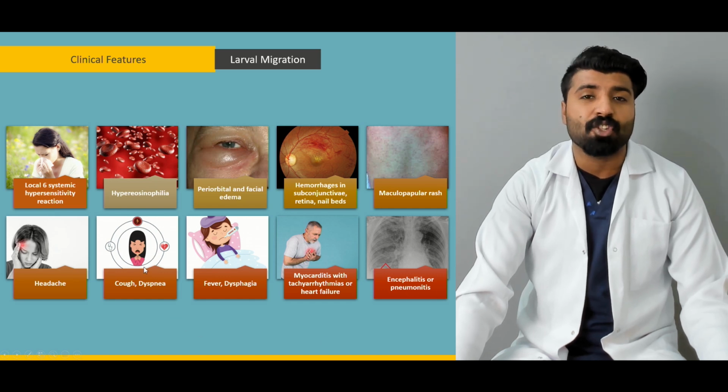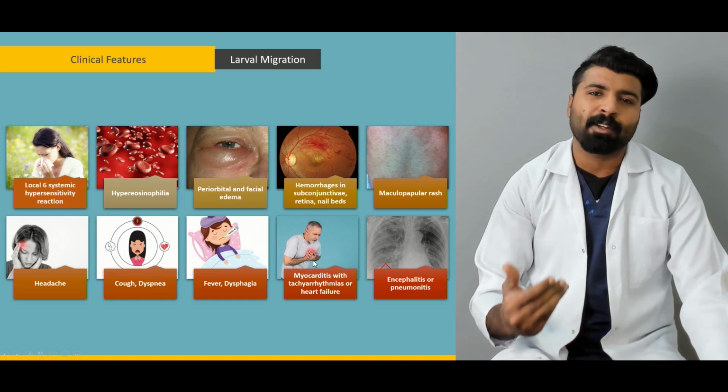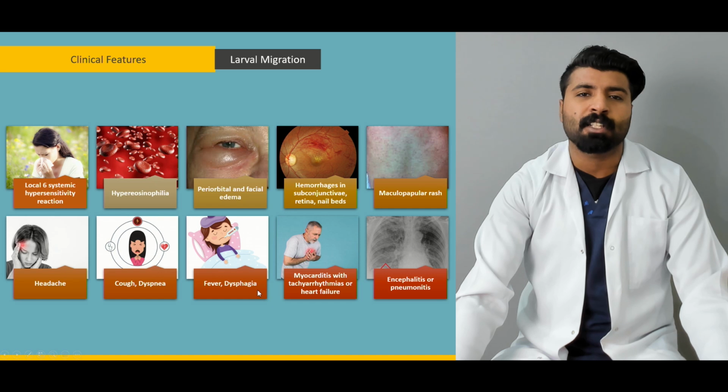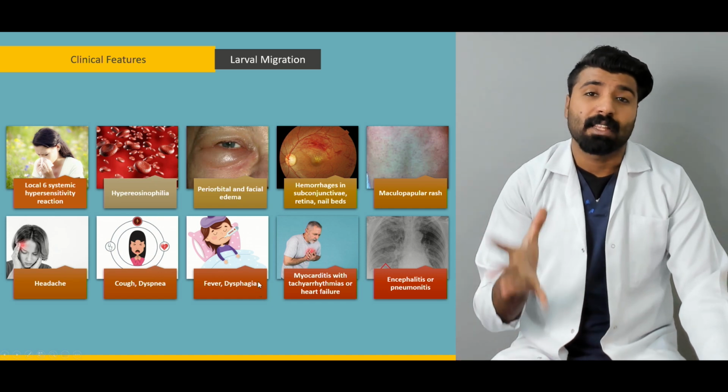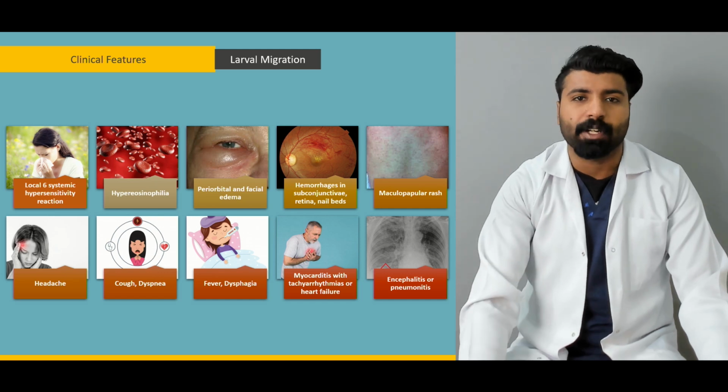If it has migrated towards your heart, if it has made a home in your myocardium and is causing inflammation, you will have myocarditis and tachyarrhythmias. And you will have fever and dysphagia once this infestation has built up in your body.